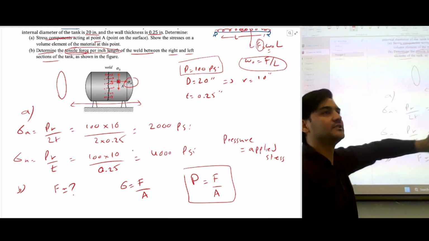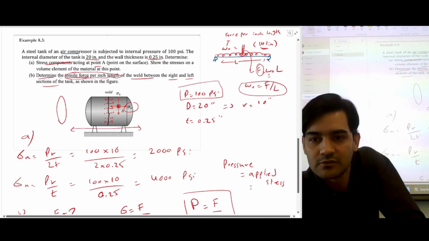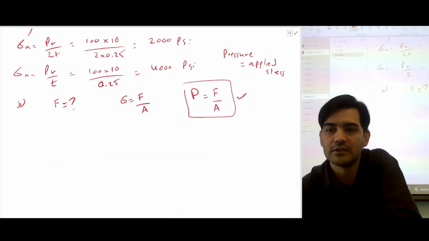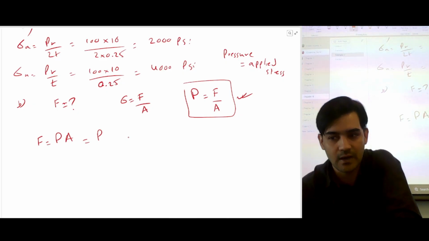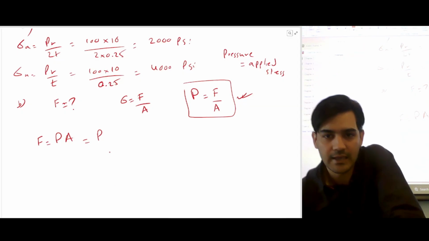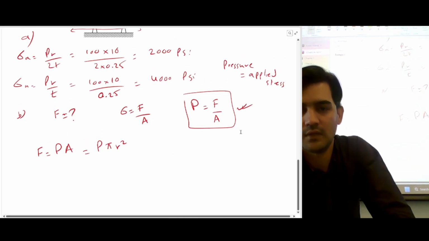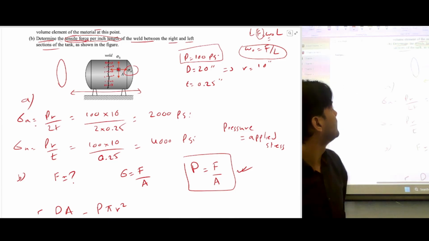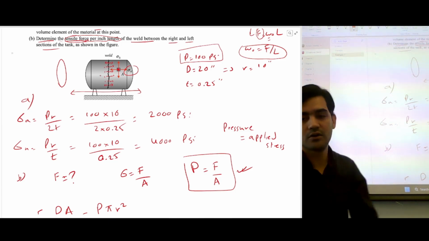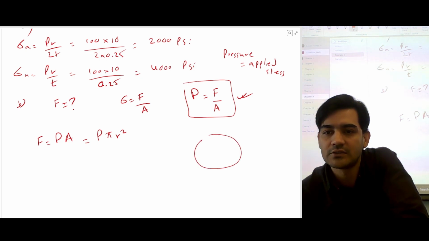So we have to convert pressure into force. How will we convert pressure into force? By using this formula: force is equal to pressure times area. And what is the area in our case? The area would be pi r square. Why is it going to be pi r square? I'm going to cut a section and draw a cross section here.